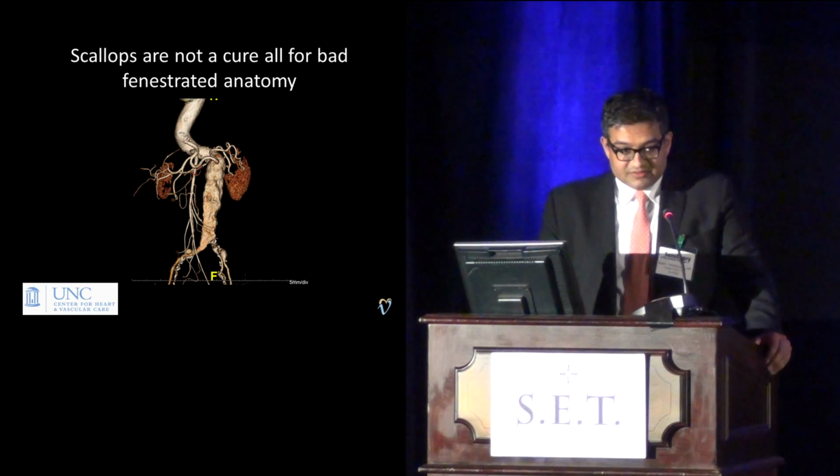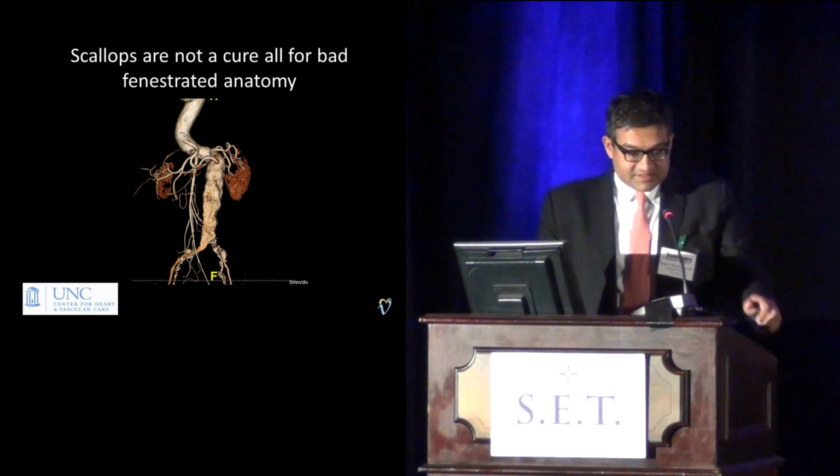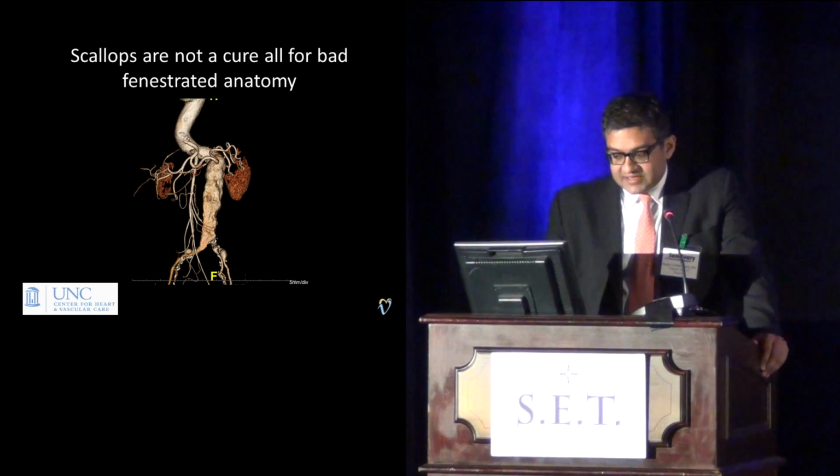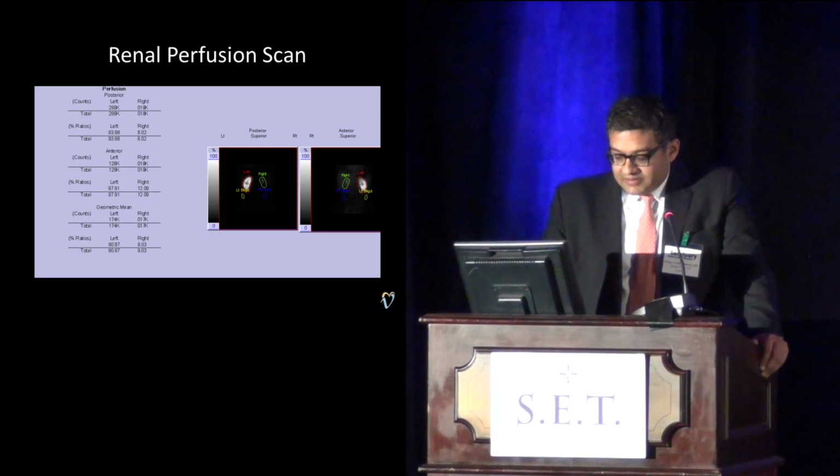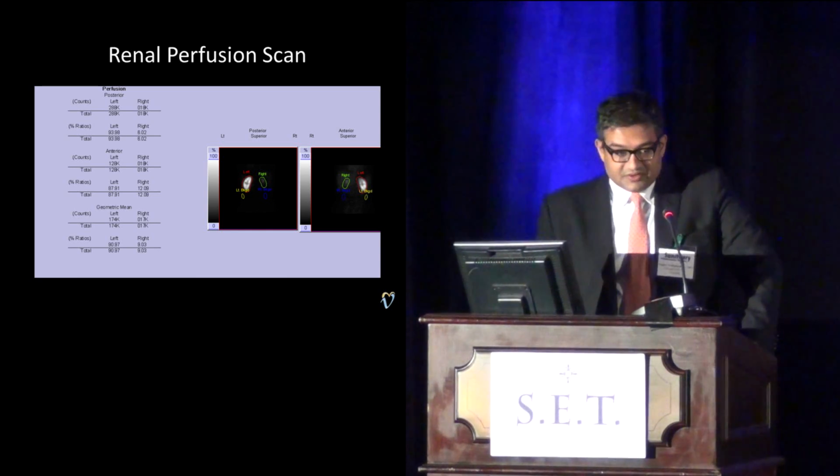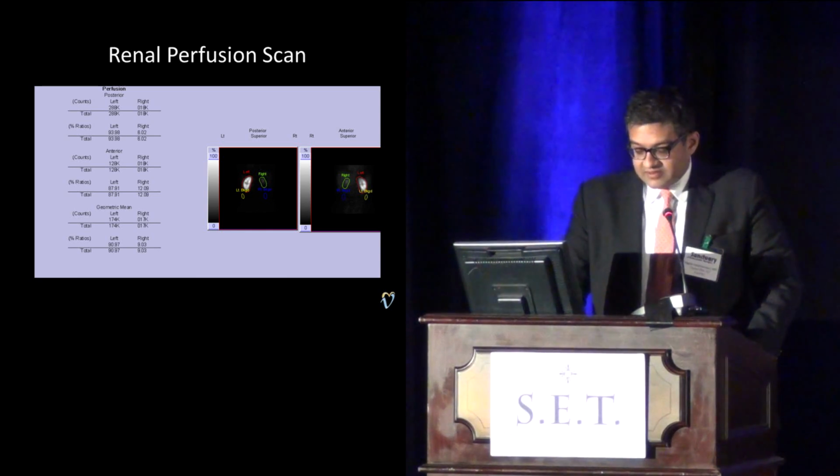This is a patient who is in his 70s with bad CHF, not a candidate for open endovascular repair. Of note, you can see that he does have an atrophic right kidney. In patients like this, we do obtain nuclear medicine scans, and this one showed he only had 9% function of his right renal or right kidney.